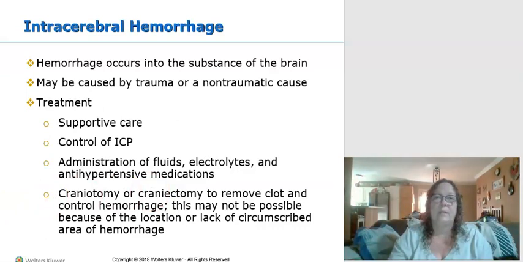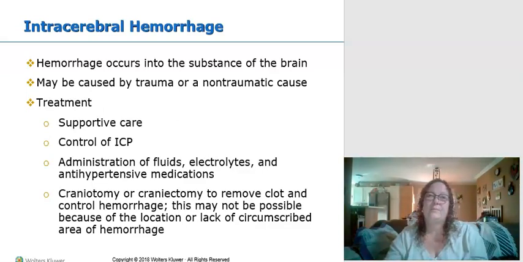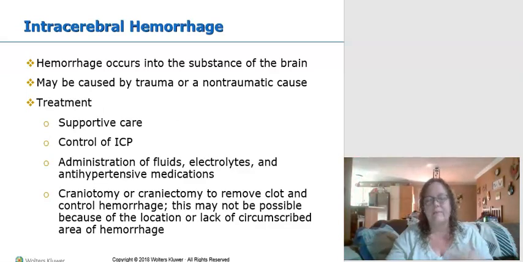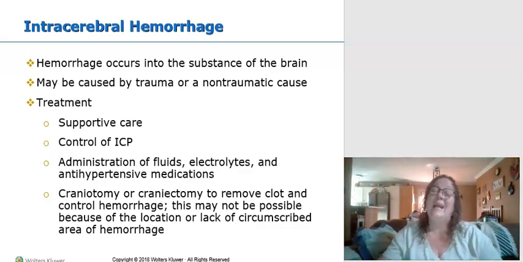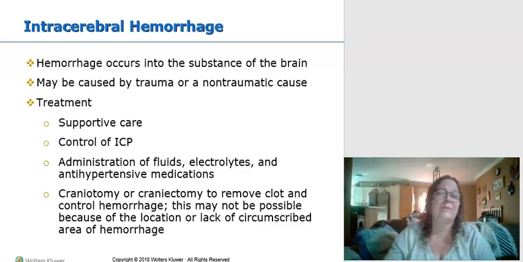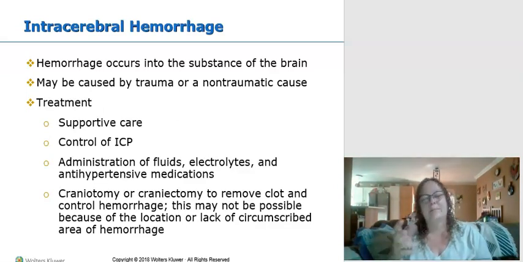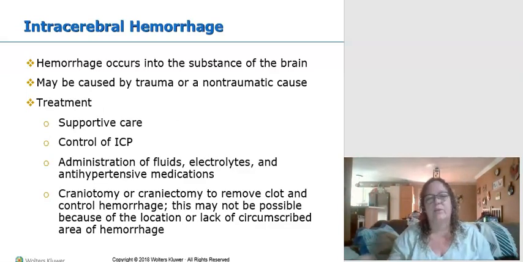So interventions for those are largely supportive, and they include supporting function, whether that be respiratory function or whatever needs to be done, administering of fluids and electrolytes, antihypertensive medications, and we may allow some hypertension, but keep it within the parameters of the orders. Administer fluids and electrolytes and support your patient.